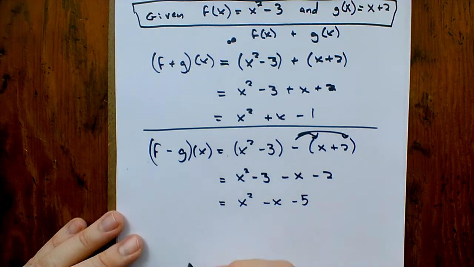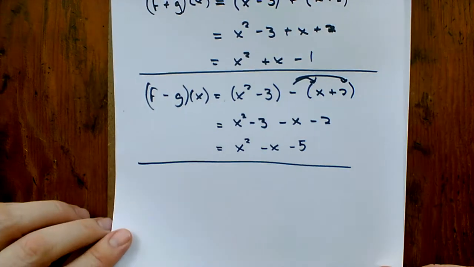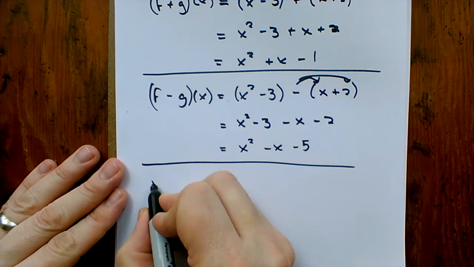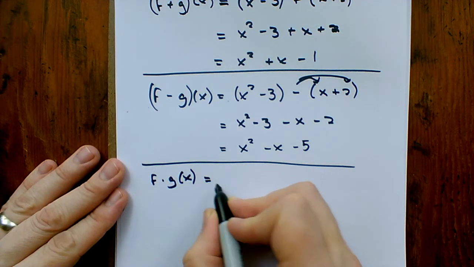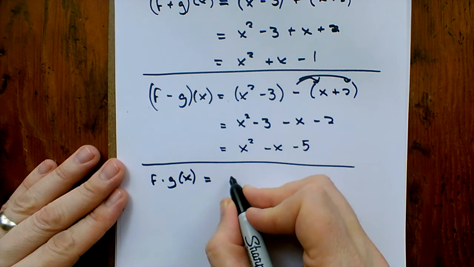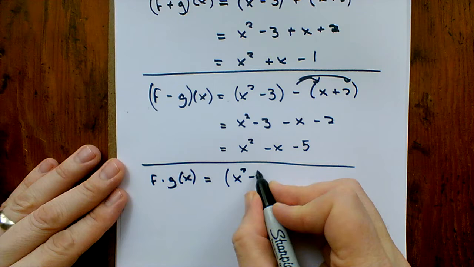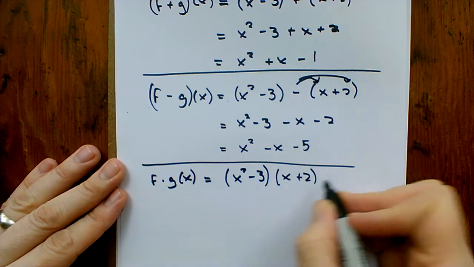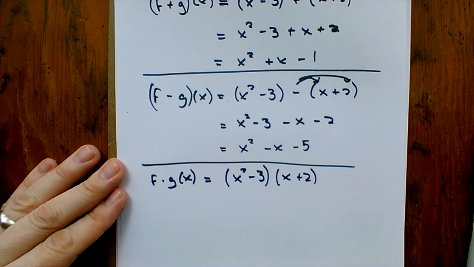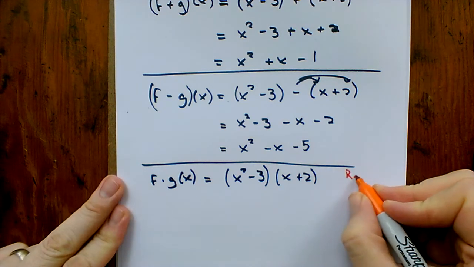When I multiply, when I do this f times g of x, this is where I take my function f of x, which, as we already said, was x squared minus 3, and I multiply it by x plus 2. And I'm also going to give us a little side note here that we need to remember to FOIL.